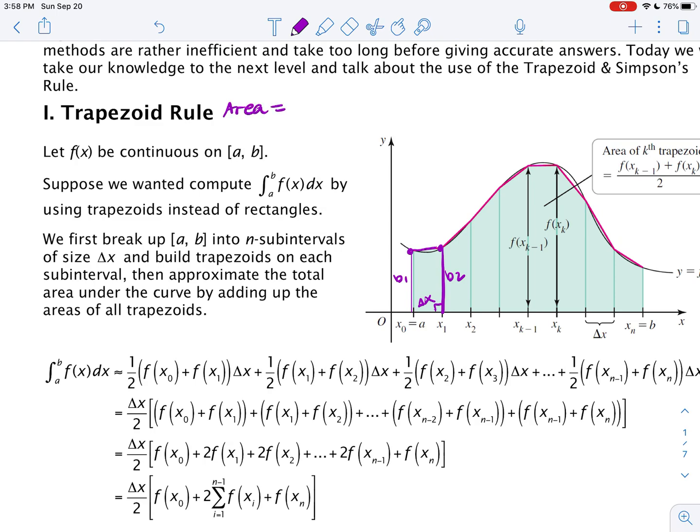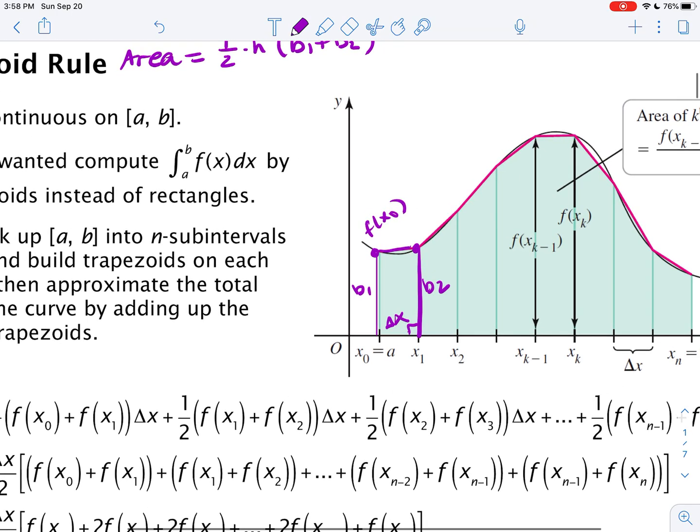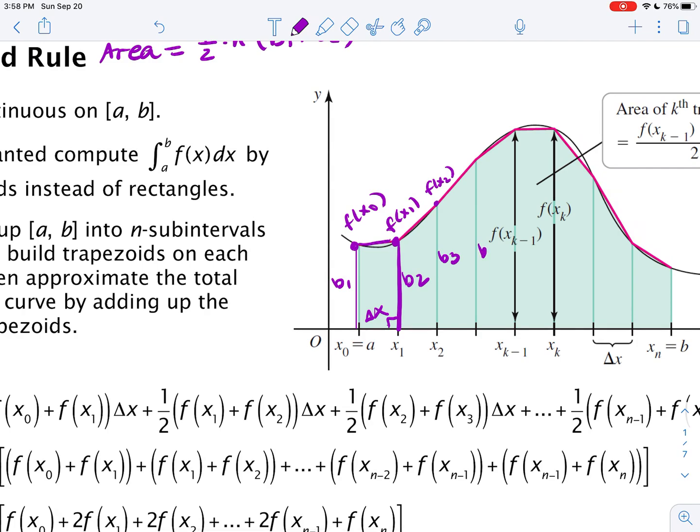If you remember what the area of a trapezoid is, it's equal to 1/2 times the height times the sum of the two bases. And we see here that b1 is going to be f of x sub 0, b2 is going to be f of x sub 1, b3 is going to be f of x sub 2, and b4 is going to be f of x sub 3, and so on.